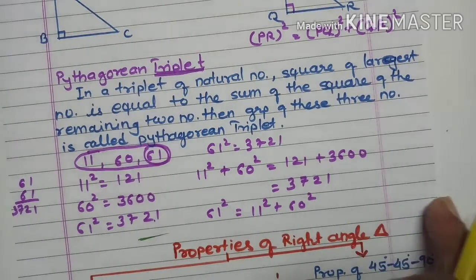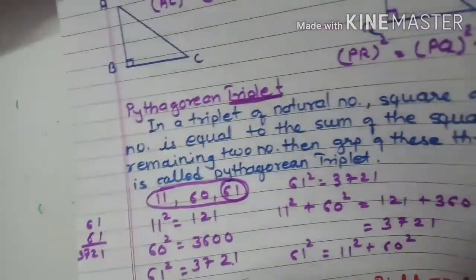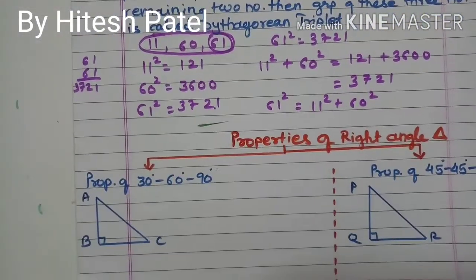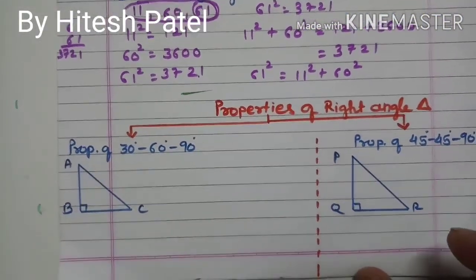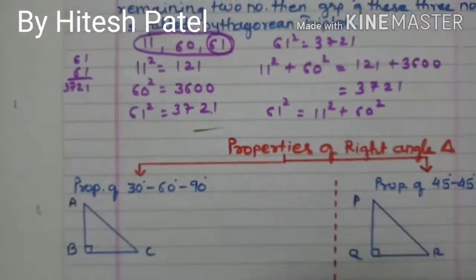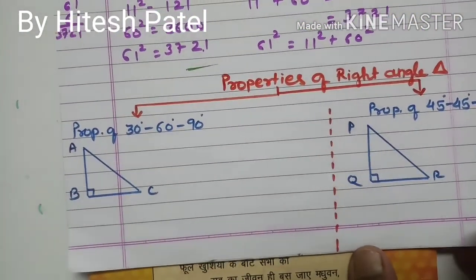Now let's see the property of a right angle triangle. First of all, the property of 30, 60, 90. Here we have a triangle ABC.